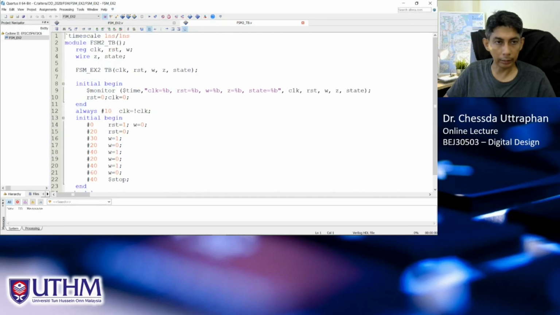And this is actually the same test bench as the previous example, the Moore state machine. And let's run the code.